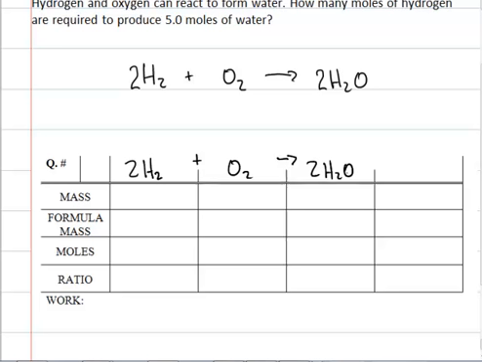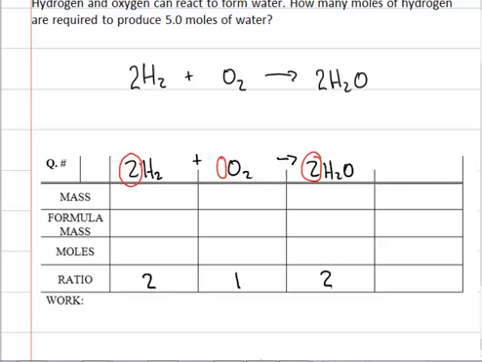Now, the first thing that we're going to do is to use the ratio row, and I'm going to put the coefficients of each of these numbers down in the ratio column. So this 2 comes down here. I write a 2. It's understood that there's a 1 there and a 2 here.